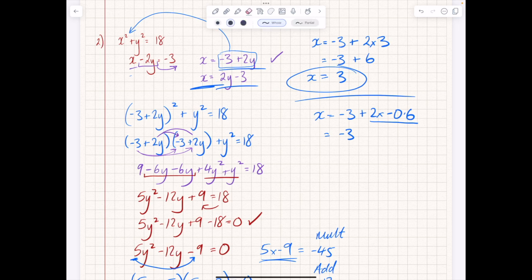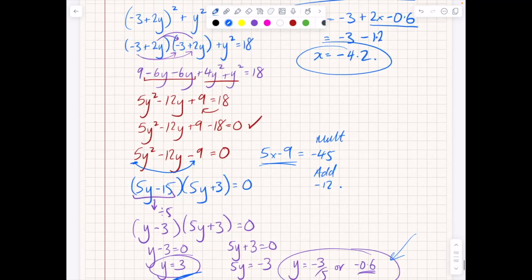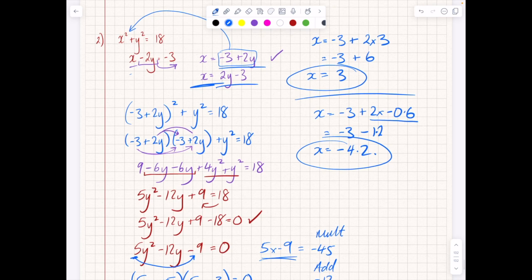It's basically saying 60% of 2, which would be 1.2 as your answer. 3 minus 1.2 is minus 4.2. So your values there of x are 3 and minus 4.2, and your values of y are 3 and minus 0.6.